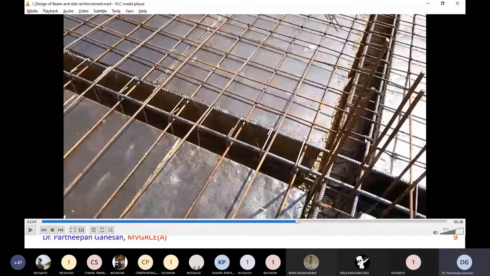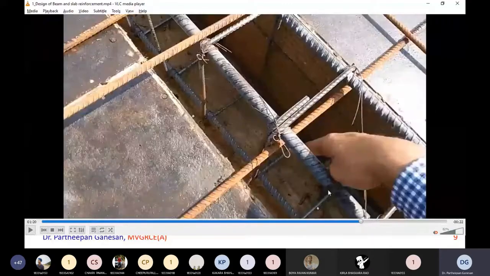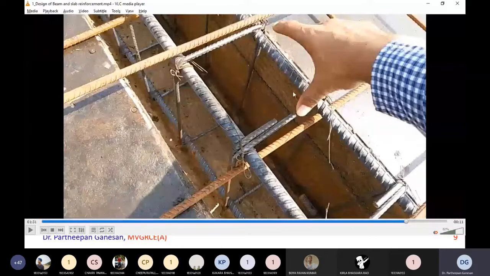You can see one beam is going this way, another beam is going this way, right? This is the top reinforcement. This is the bottom reinforcement. These are stirrups, and you can see how it is tied.